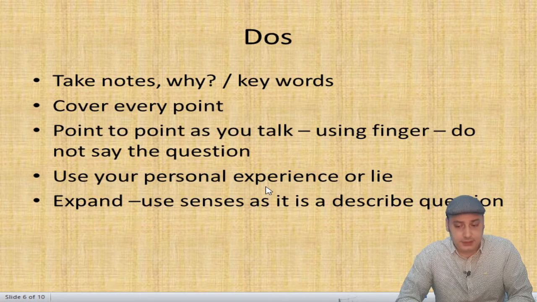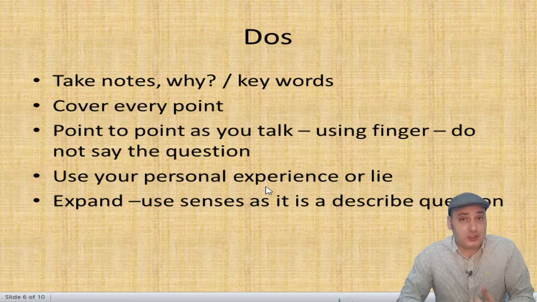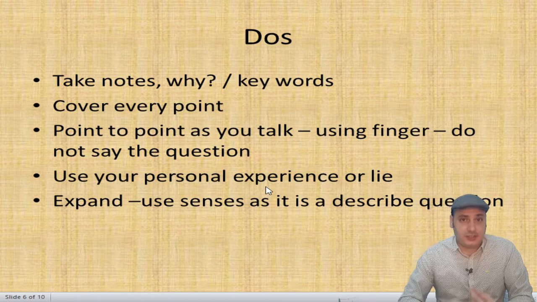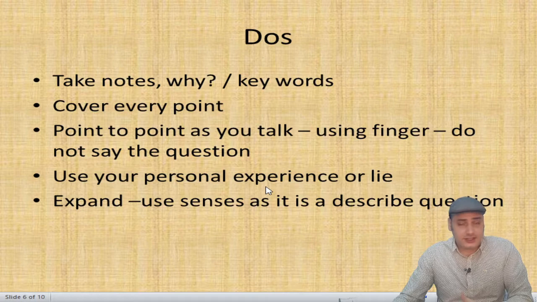In this way, you're not going to get any more marks, okay? So you need to expand your answer and you need to speak full sentences. Don't just give a word, okay? You need to speak full sentences. Expand your answer. Don't just give one sentence.